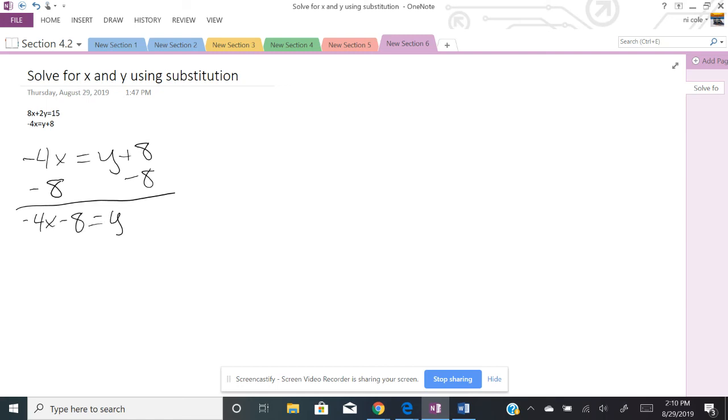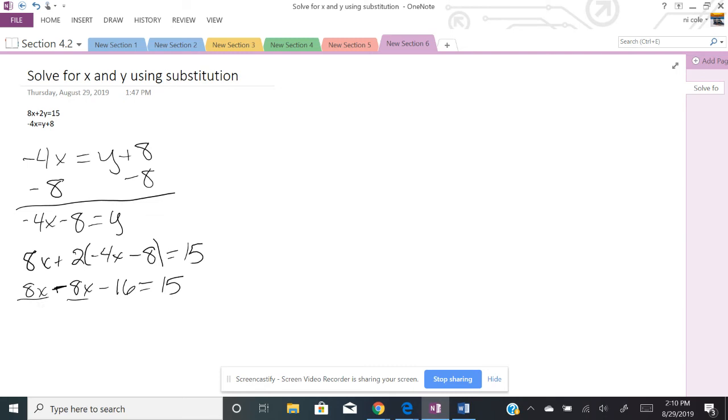I now can plug that into equation 1. So I have 8x plus 2 times negative 4x minus 8 equals 15. Okay, so I'm going to distribute, and that's going to give me negative 8x. 2 times negative 8 is going to give me negative 16 is equal to 15.